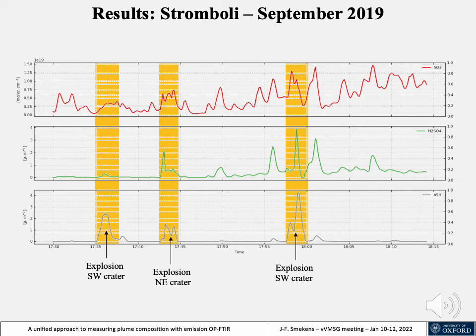Outside of those explosions, there are peaks in the sulfate aerosol that do not generally correspond with high peaks of ash, and those can be interpreted as gas puffs, perhaps like little gas bursts.